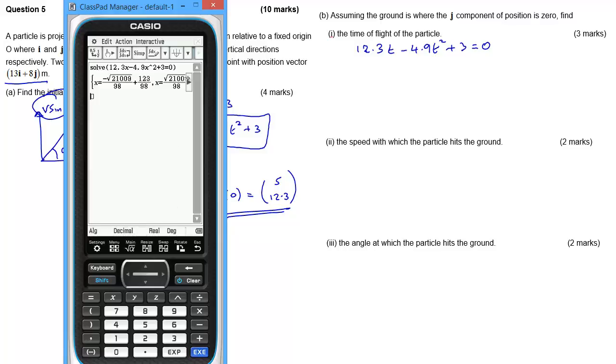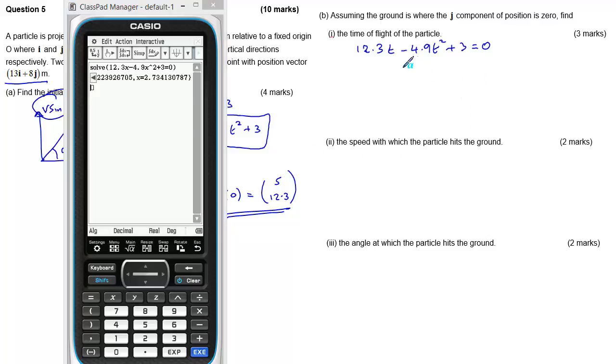And it might have been better to be in decimal. And obviously we don't want the negative result, so we're going to take the 2.734 and so on. So we'll call that t is 2.73 seconds, correct to 2 decimal places.